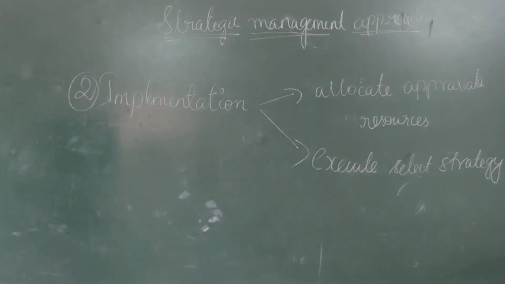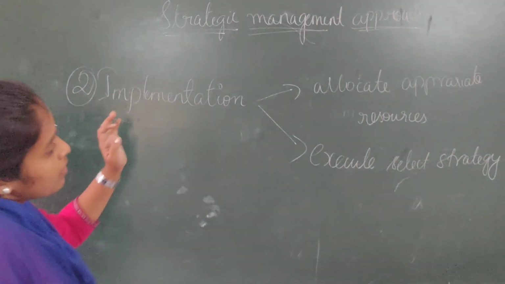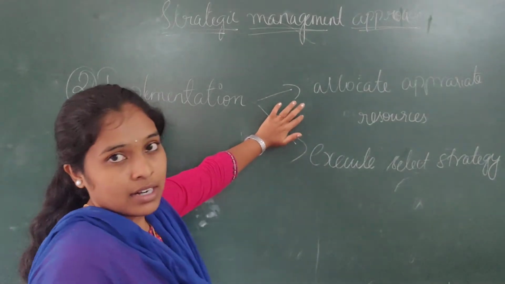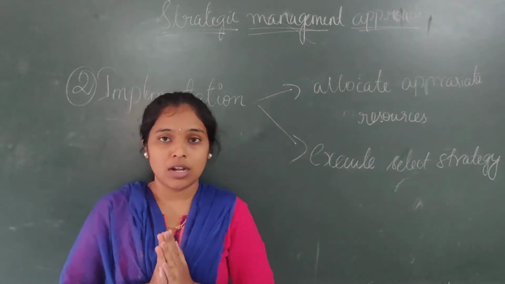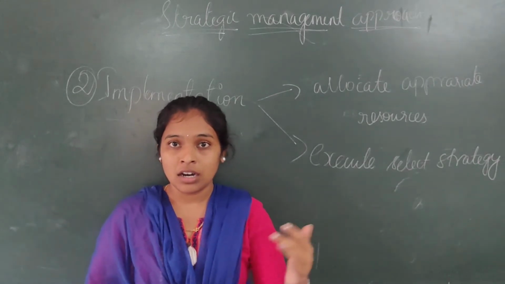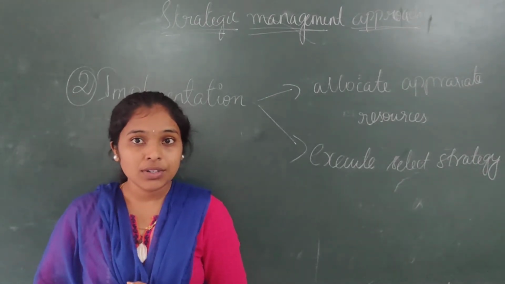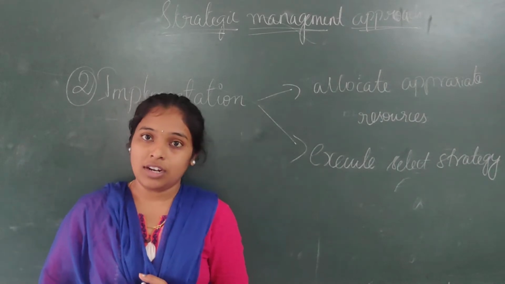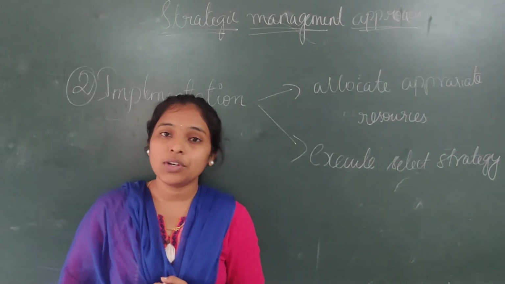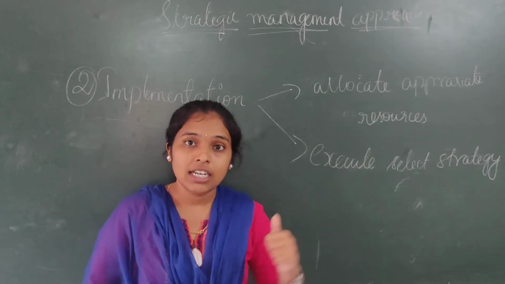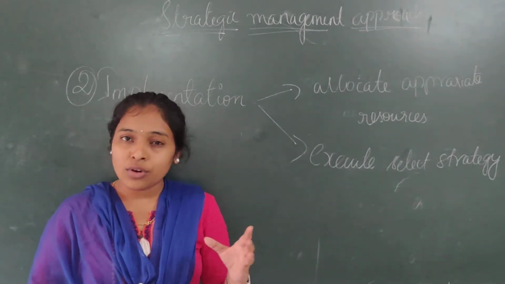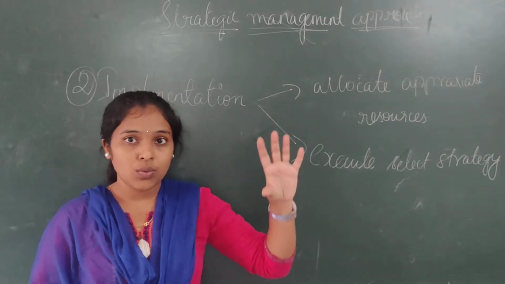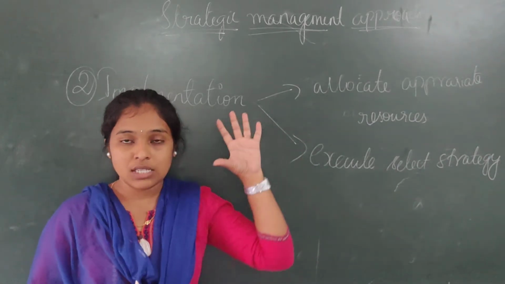For example, ma. Allocate appropriate resources. For example, we have taken freshers. When freshers go to HR companies, what are they going to do? They are going to give training for the freshers. Nobody is going to allow any freshers to directly join into the work. They are going to train the person for a few months in order to get complete knowledge of what work he has to do.